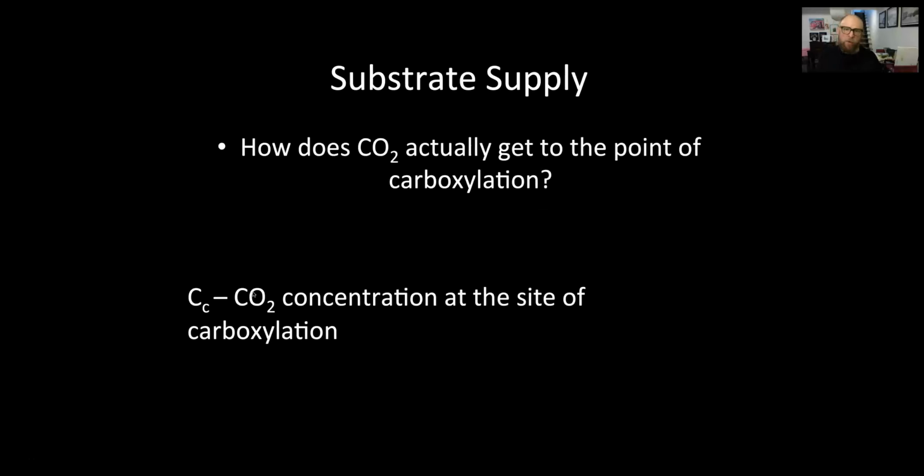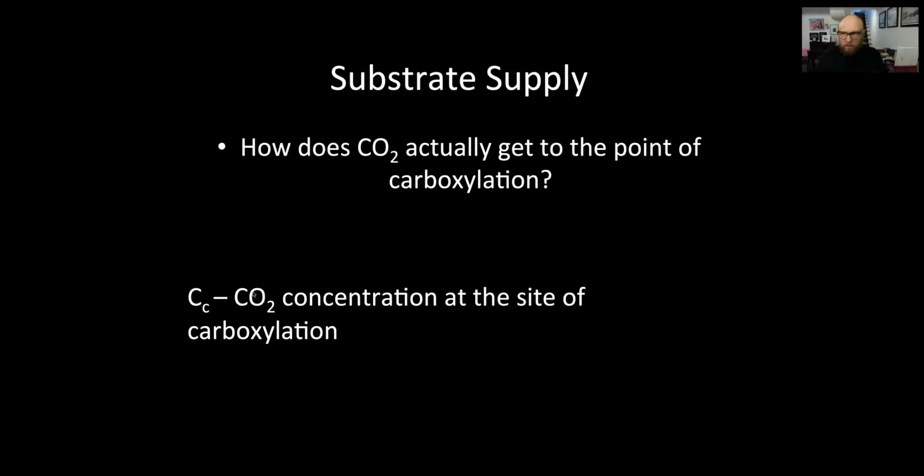So one thing I wanted to point out here, and maybe it's a little early: we talked in the carbon reactions that when rubisco reacts with CO2, that's a carboxylation reaction. And one thing that's really important in the rate of photosynthesis is the concentration of CO2 at the site of carboxylation, right where rubisco needs to be grabbing it.